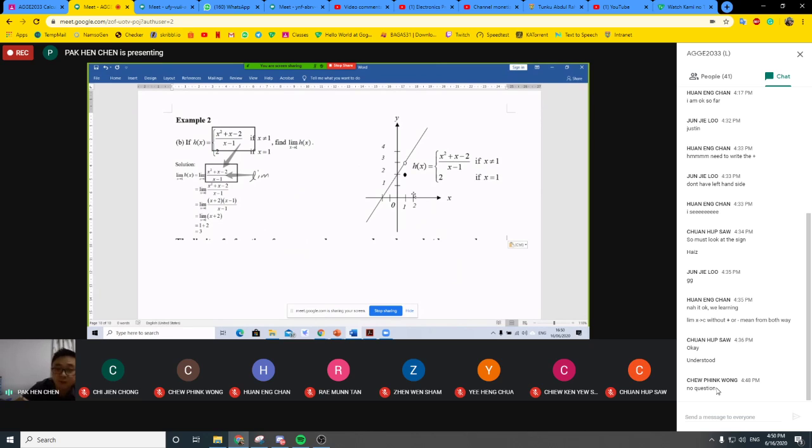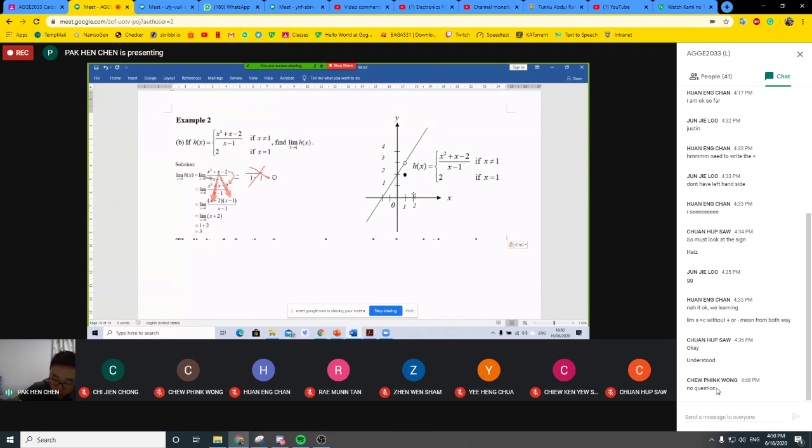Then we try our first method, which is to substitute 1 into this denominator, and then we have 0 of that, isn't it? Therefore, we cannot do substitution. The next step is to do factorization instead. Can you see or not?